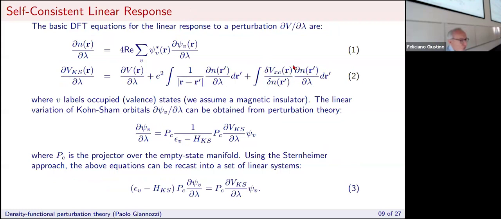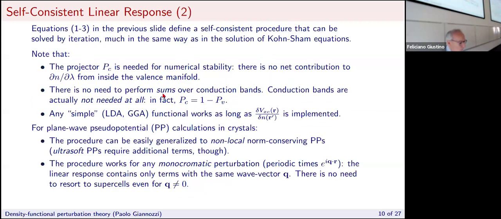This term here, this functional derivative, is something that can be written down explicitly or computed numerically in a relatively straightforward way, so it's not a big problem. In addition, this machinery works nicely, with no problem with non-local pseudopotentials. With ultrasoft pseudopotentials, things are a little bit less simple because there are more terms that appear here.